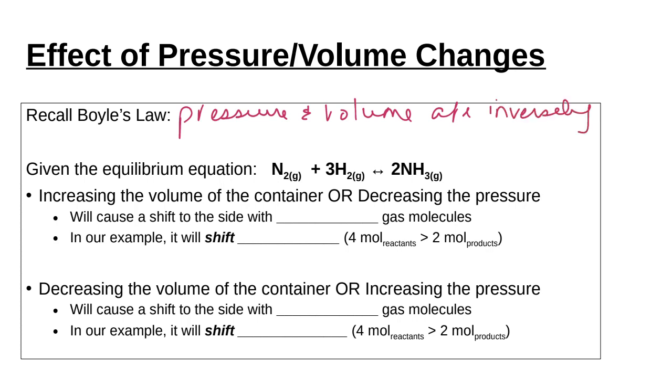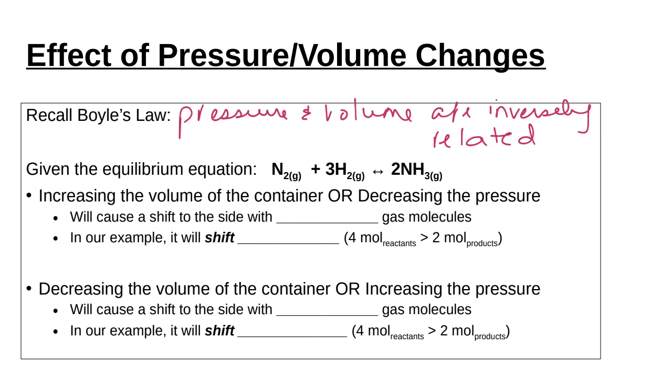So that means if the volume is increased, the pressure will decrease, and vice versa. So if one goes up, the other one goes down. And we have to keep that in mind as we look at these equilibrium systems and change either the pressure or the volume.